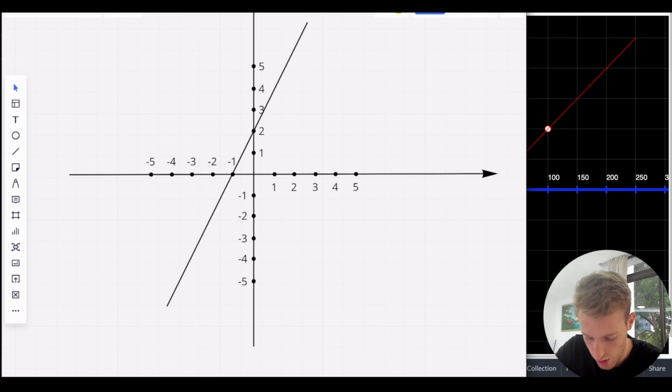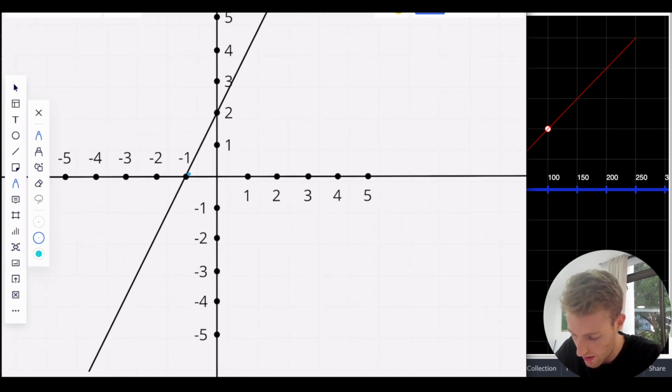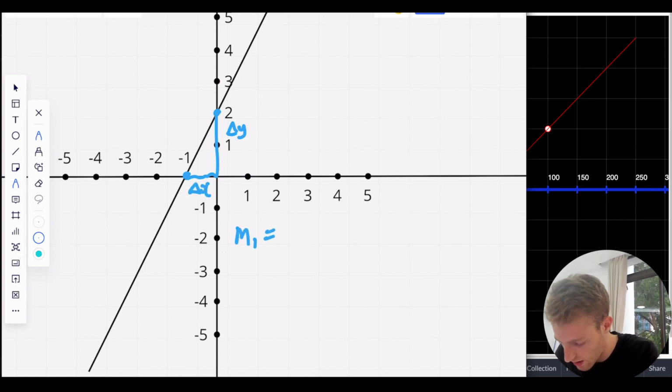So the method we're saying is, if we have 2 points, the points that we know are this one and this one, and we can easily calculate the gradient. The gradient is simply this change in y over this change in x, this delta y, delta x. So let's call this m1 is equal to delta y over delta x.